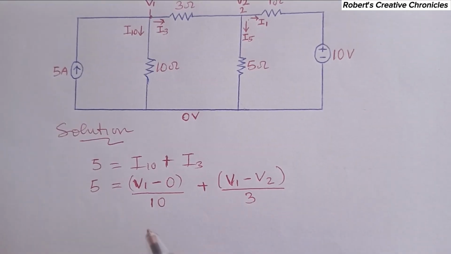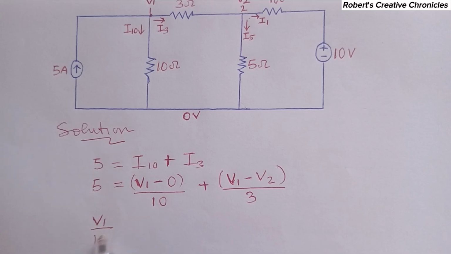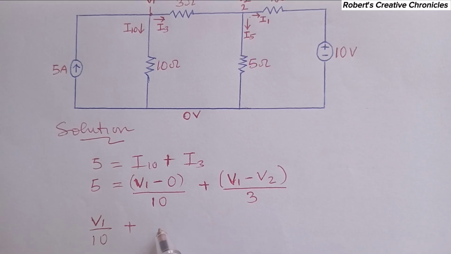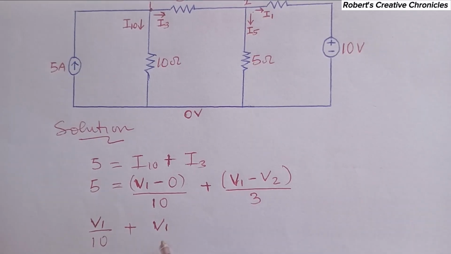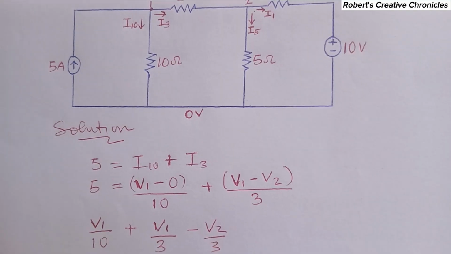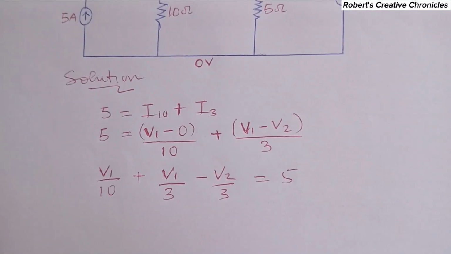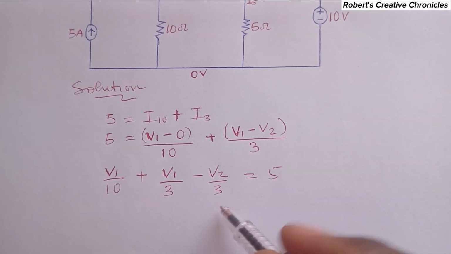Then we'll simplify this equation. This becomes V1 over 10 plus V1 over 3 minus V2 over 3 equals 5. So we'll express this equation in terms of V1 and V2 separately.